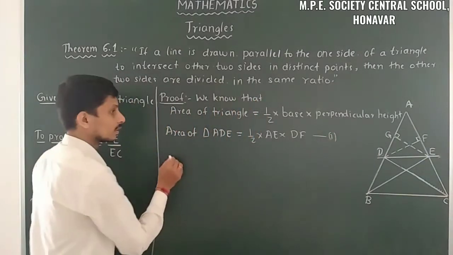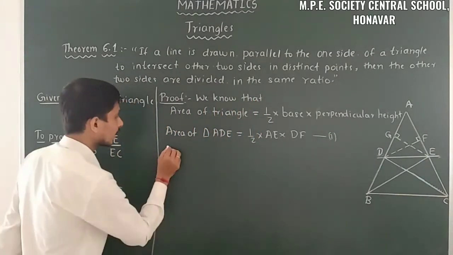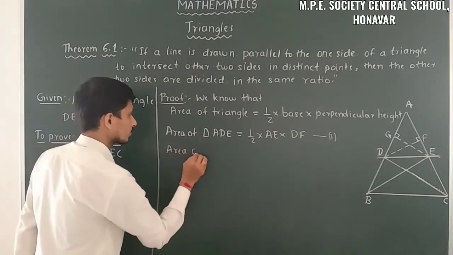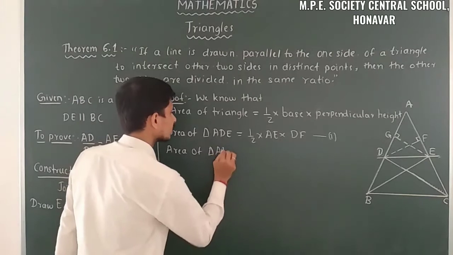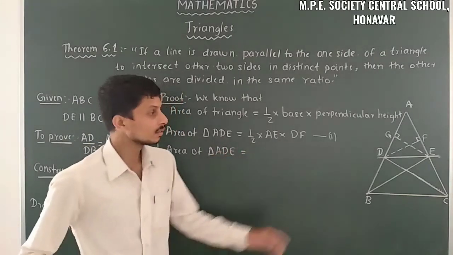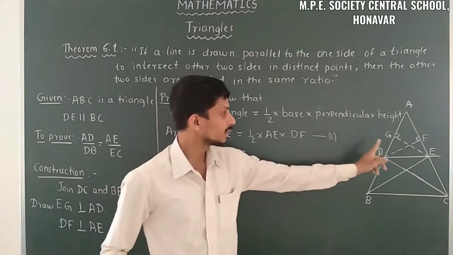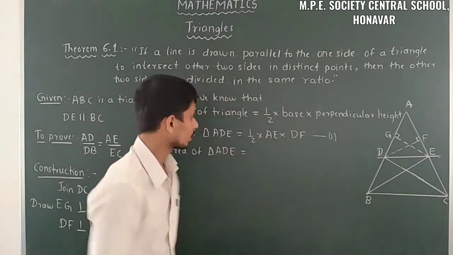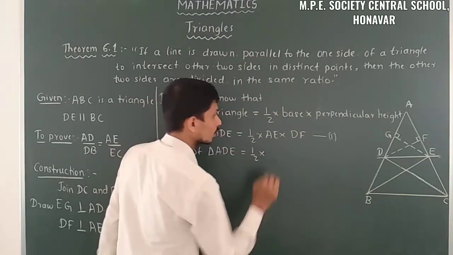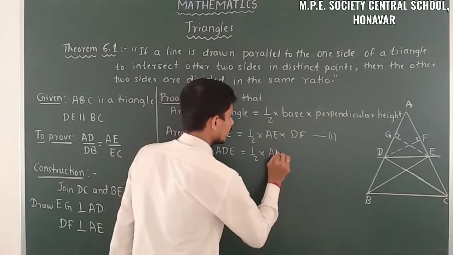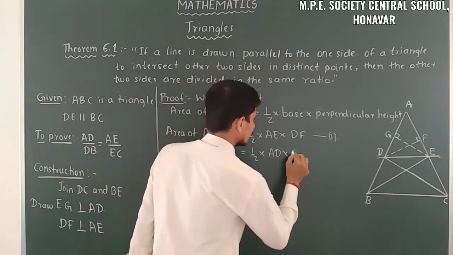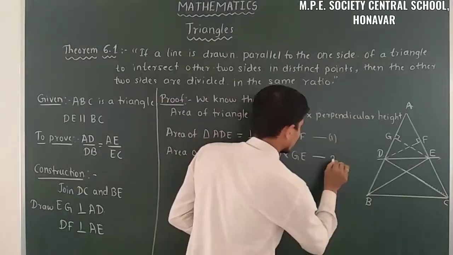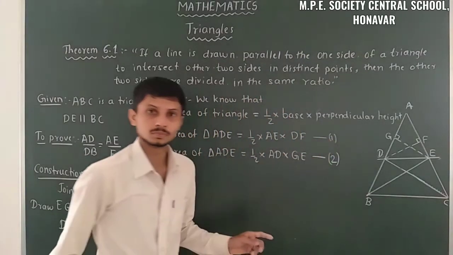Then let us take the same area of triangle ADE only. Here we consider AD as a base and GE as the perpendicular height, that is half into AD into GE. Equation number 2.